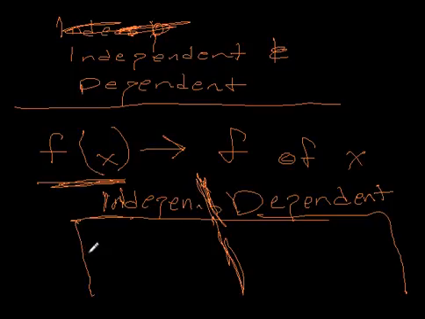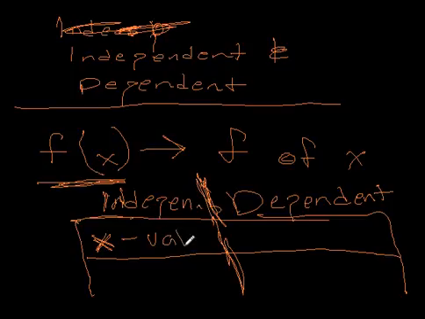Okay, so now the next thing that I'm going to do is say, hey, my independent variable is also my x value. Whenever we graph independent variables, we always put it on the what axis, guys? The x-axis. Dependent variables, it's going to be my y values.